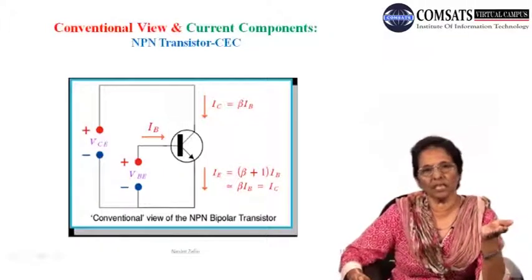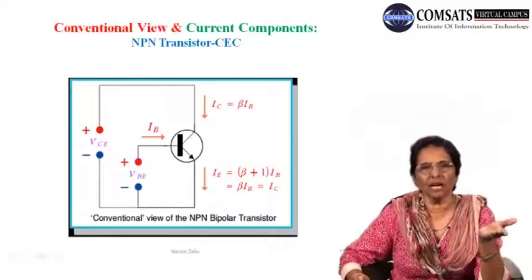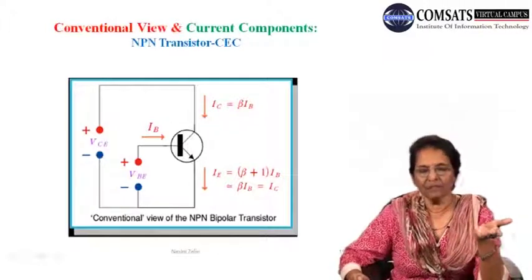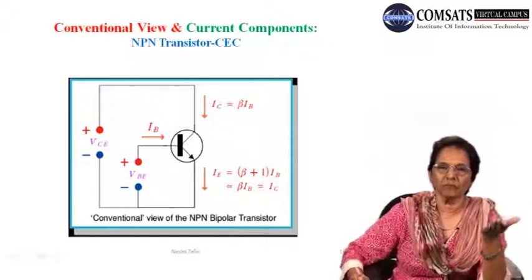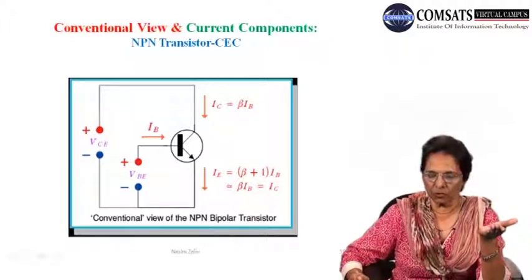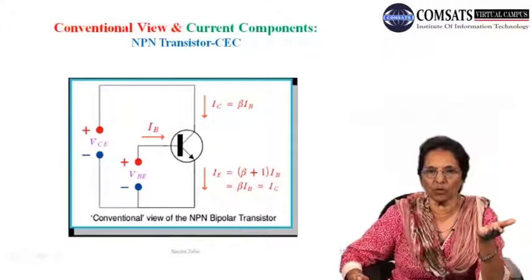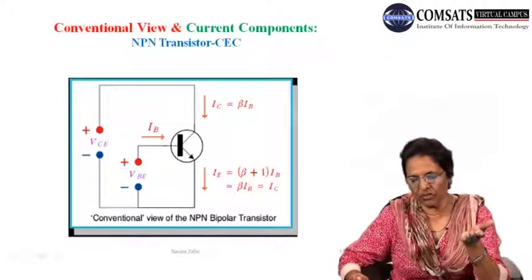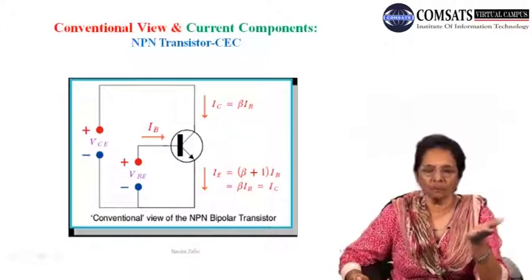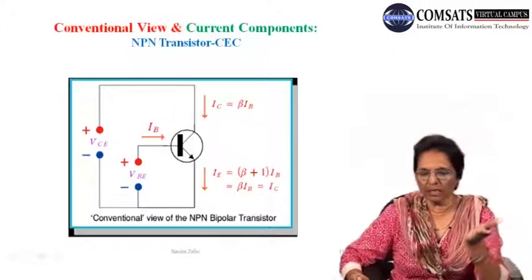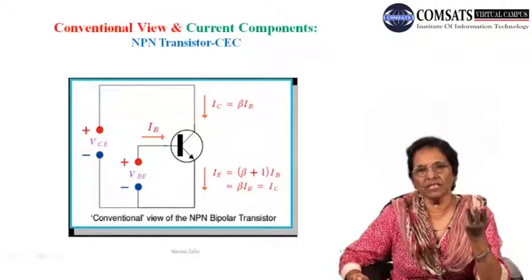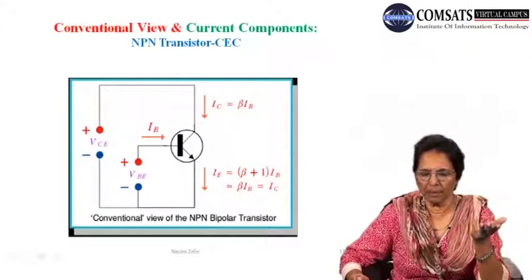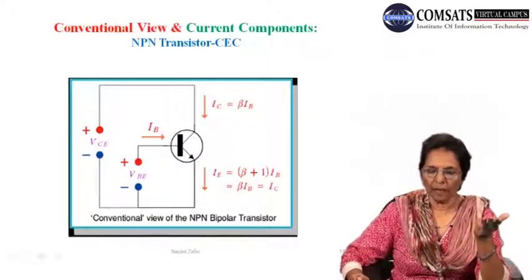Having discussed the output voltage VCE and the input voltage VBE, and also explained that the emitter base junction for the NPN transistor is forward bias and the base collector junction for the NPN transistor is reverse bias, we can then move on to discuss the respective three current components, namely IB, IE and IC.